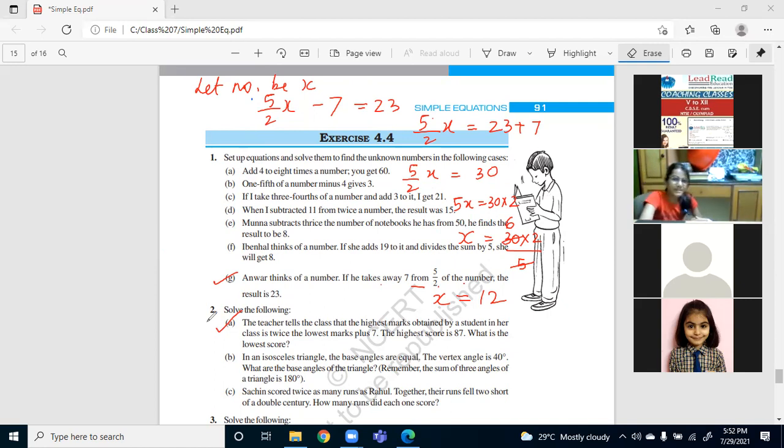So those who have completed G part can proceed to the second question. And anyone from you who did not understand any part of question number 1?